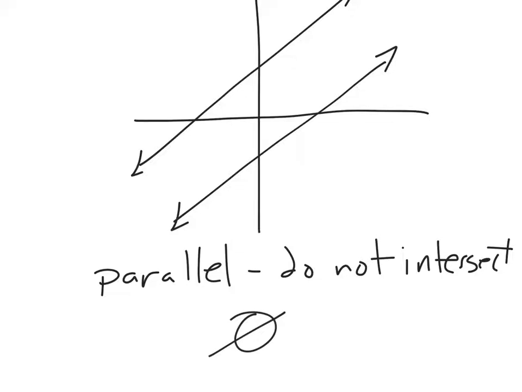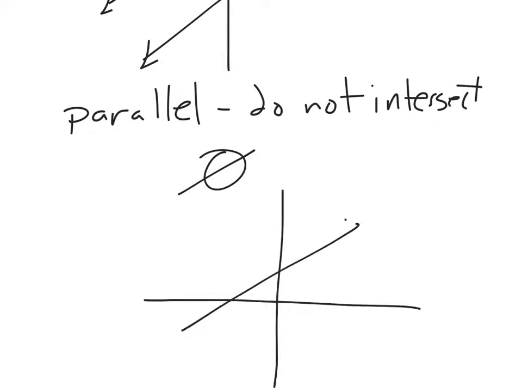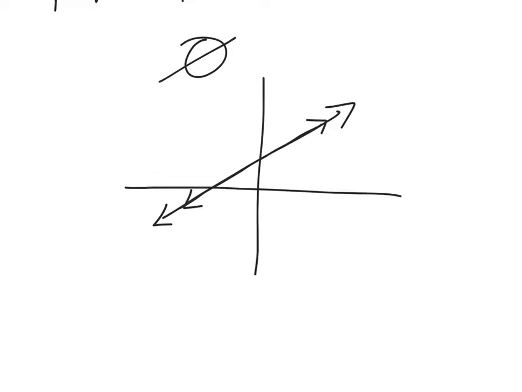Now, on occasion, you will run across a graph where when you go to graph one line, you graph that, and then when you go to graph the second line, it turns out that you graph the same line again. And so notice, of course, that I've got two lines graphed, one right on top of each other. Well, the solution to a system of equations, of course, is where the two lines intersect.